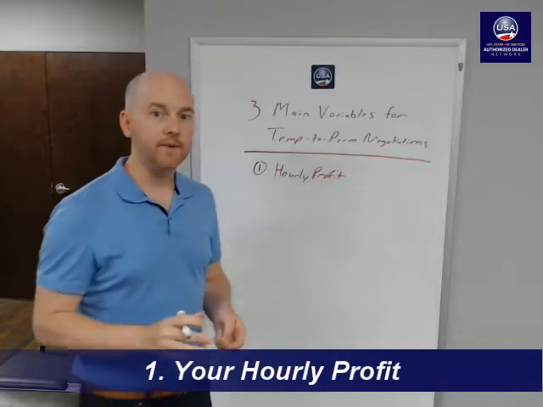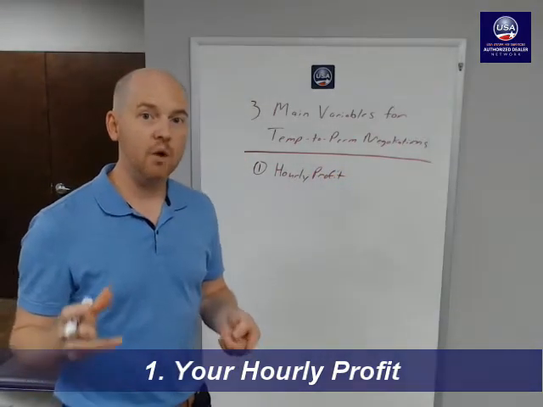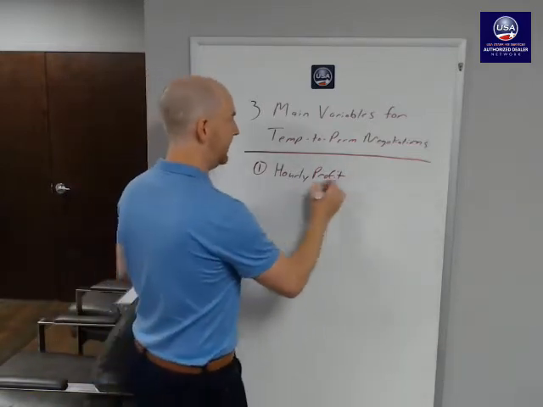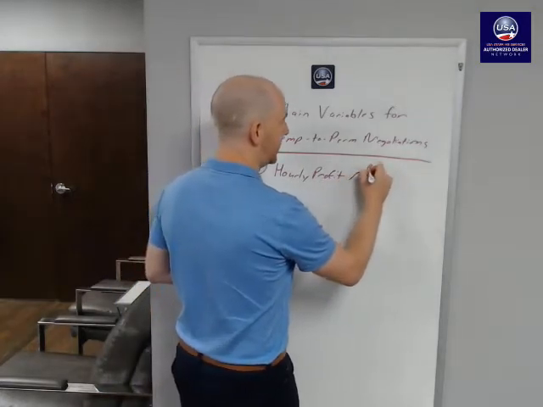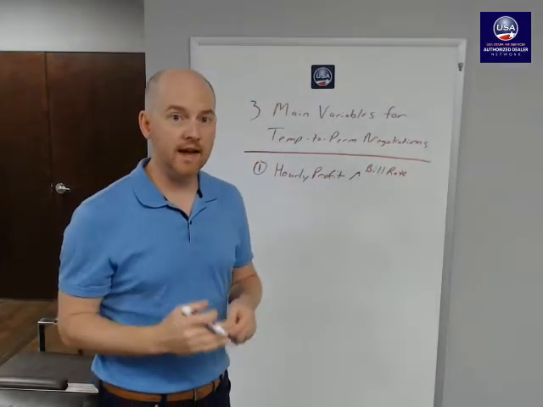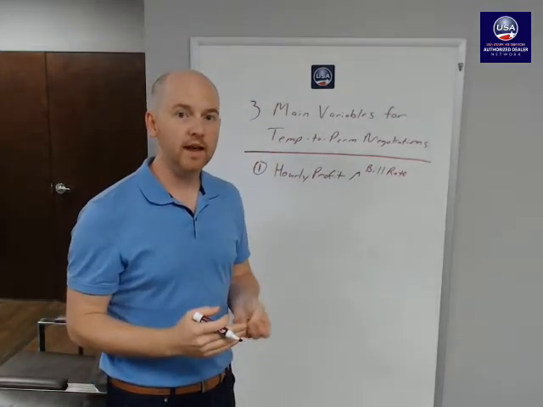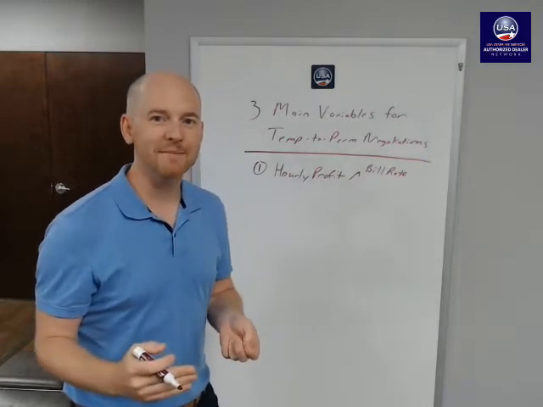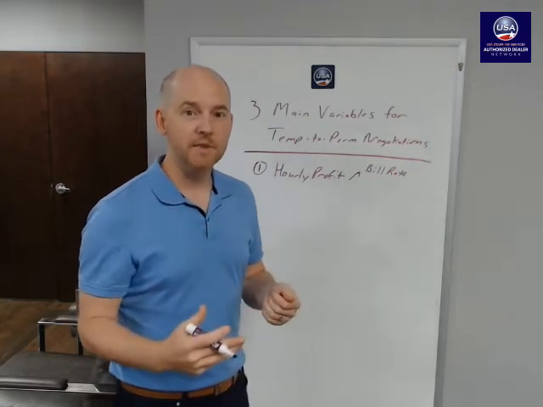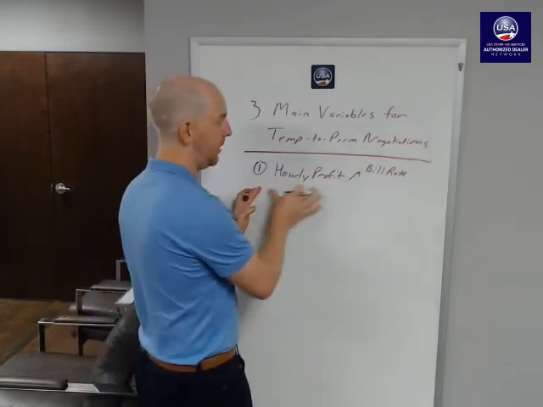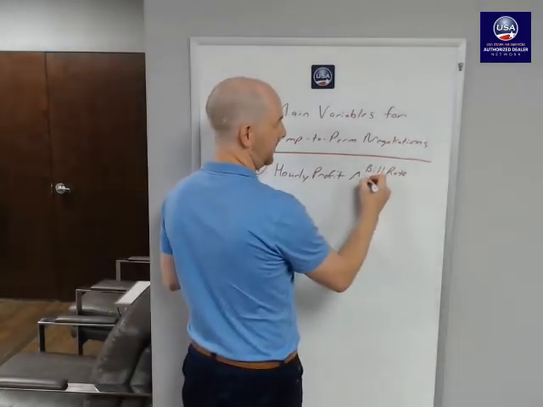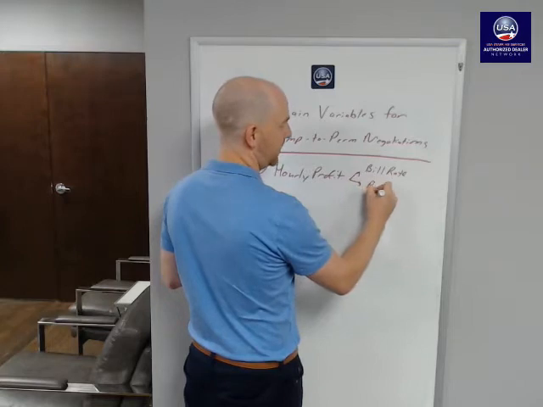And the hourly profit is going to be based on how strong and how well you negotiate your bill rate. So the variables that come into the hourly profit are your bill rate and your pay rate. The higher your bill rate, the higher your profit. If you go in there and you're negotiating a 22% markup of the pay rate, you're not going to make much money. But it's a variable, so you want to take however much you're making on an hourly basis, and typically the variables are going to be your bill rate and then your pay rate, whatever you decide to pay your contractor.